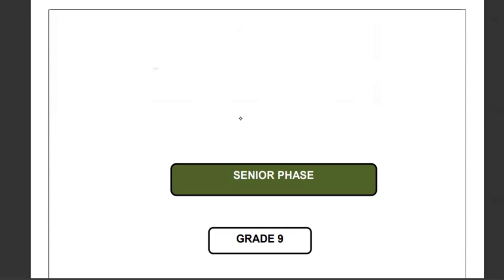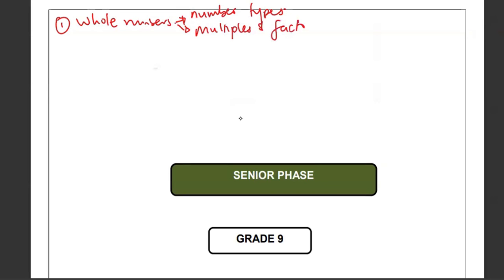Okay, so topic number 1 is what we call the whole numbers. Whole numbers will be basically things to do with number types, types of numbers. 2, there's something that we called multiples and factors.